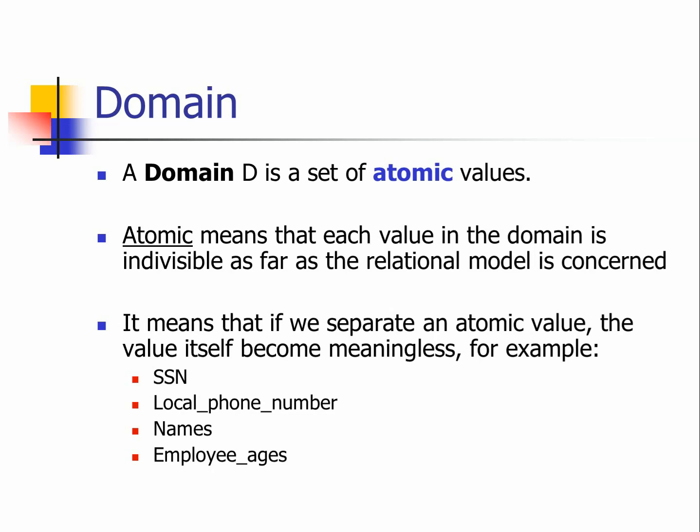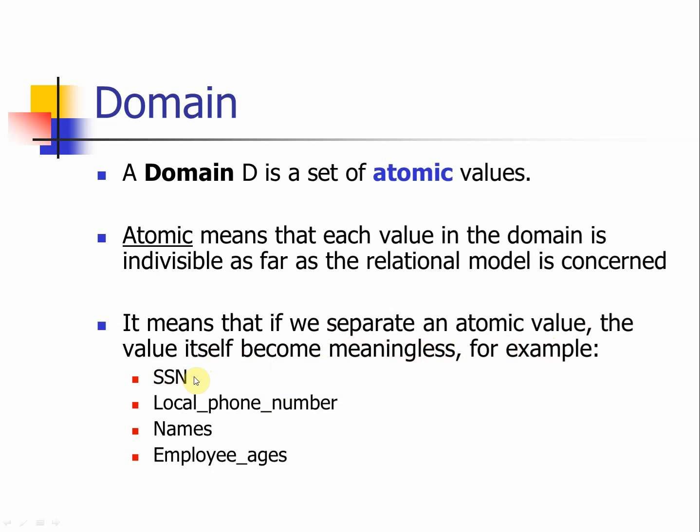So atomic values indicate simple, single attributes. A composite attribute is not an atomic value, and a multivalued attribute is not an atomic value either, and therefore we need to handle those specially. Atomic value means that if we separate it, then the value itself becomes meaningless.